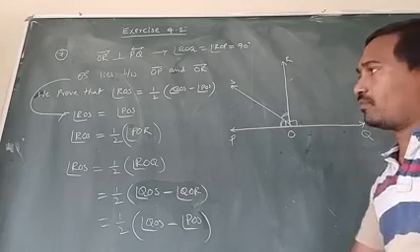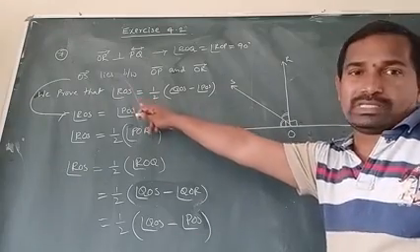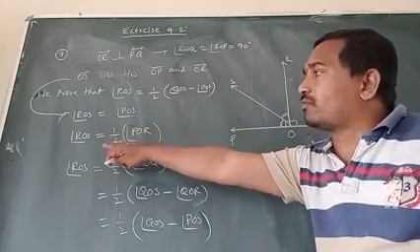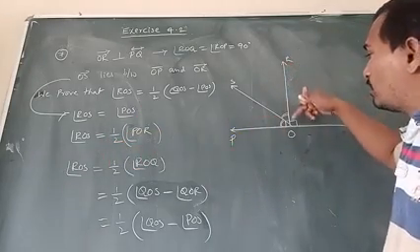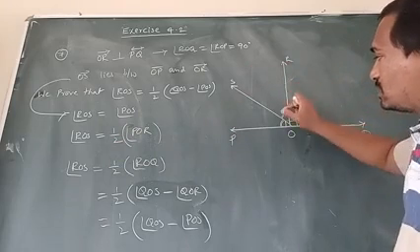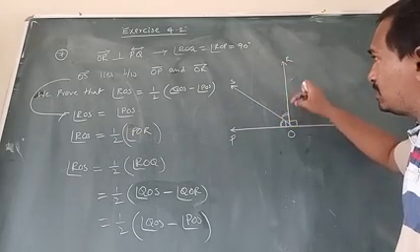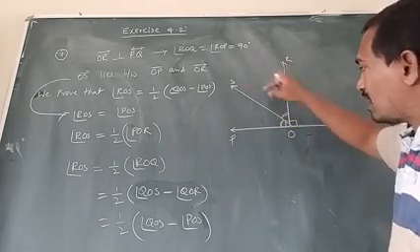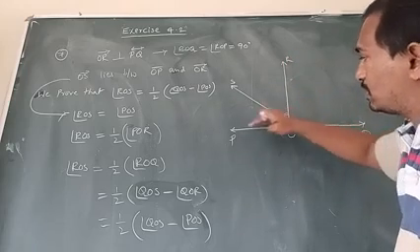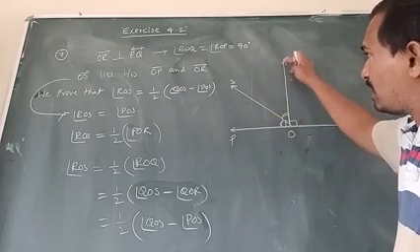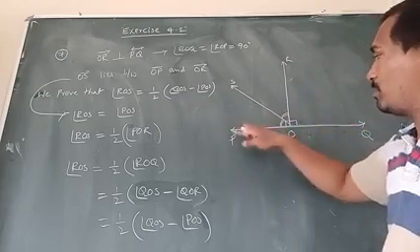Now next, let us take angle ROS. So these two are equal. Equal means this angle ROS is half of the total, that means half of POR.